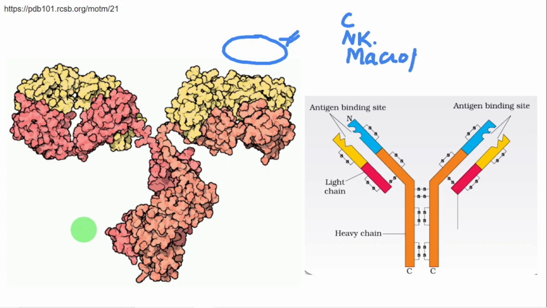They will get a hint that something which is unwanted is circulating in the body, in the blood, and it has to be eliminated or destroyed. So these other components will be triggered once the antibody binds to the pathogen. So this is how antibody works. And therefore, to communicate with these components of the immune system, the FC region has to be constant.